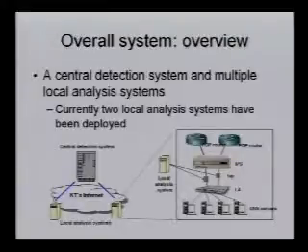Due to the tapping location, we can analyze DNS packets throughout the servers of the farm on a server by server basis. Currently, we installed two local analysis systems. There is one local analysis system in the central DNS server farm.